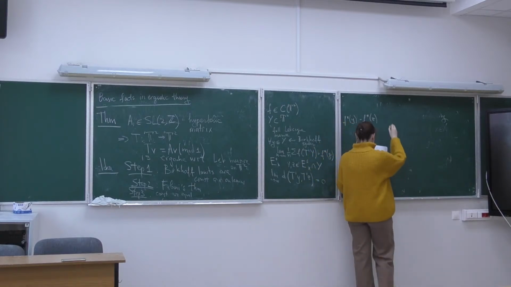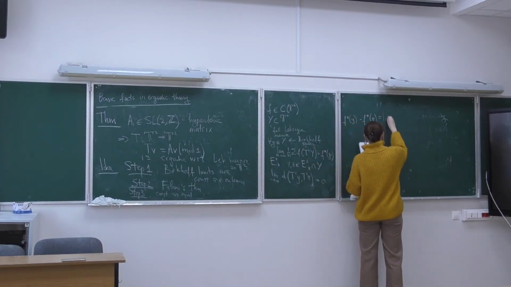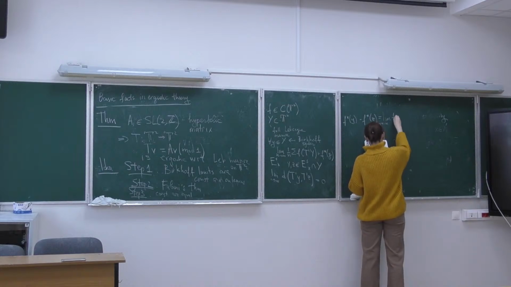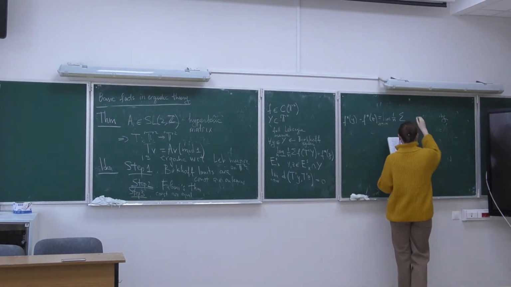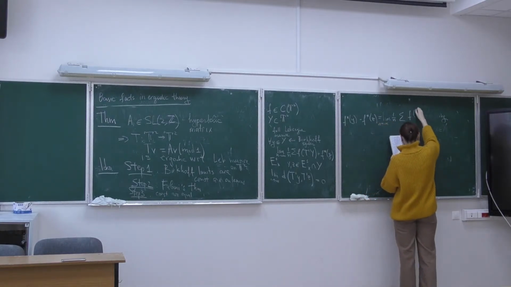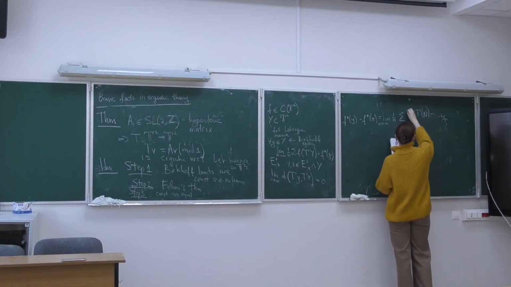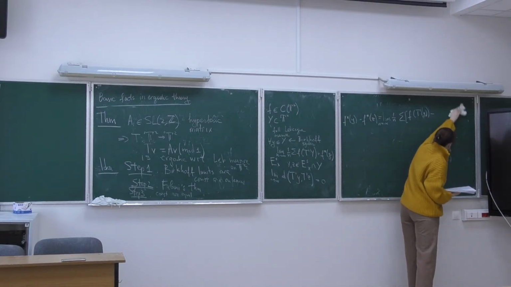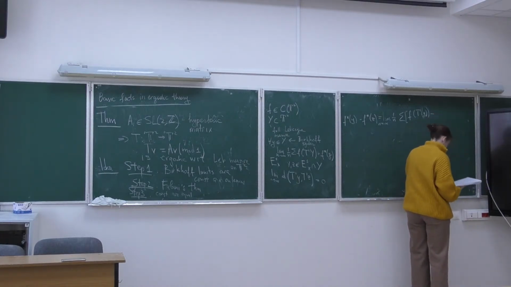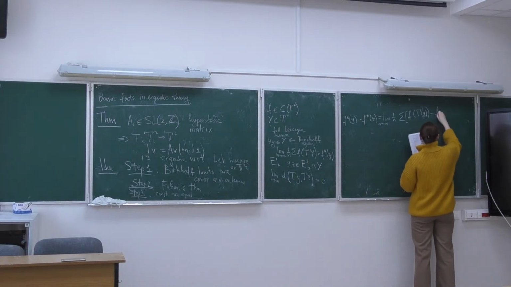We easily see that this is a limit as n goes to infinity of 1 over n of the sum of f(T^i y) minus f(T^i z).